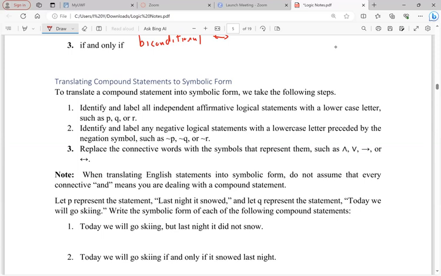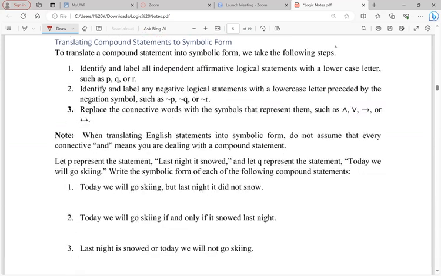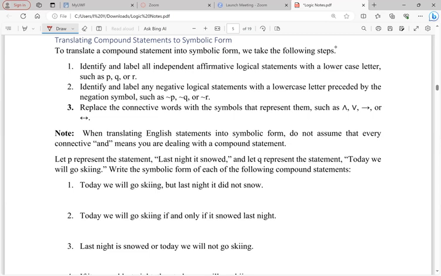Replace the connective words with the symbols that represent them. A note: when translating English statements into symbolic form, do not assume that every connective and means you're dealing with a compound statement.